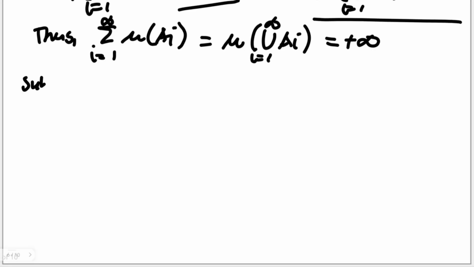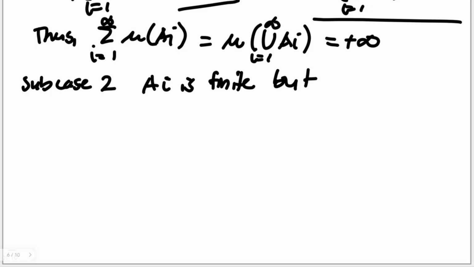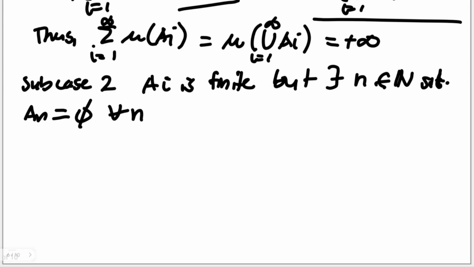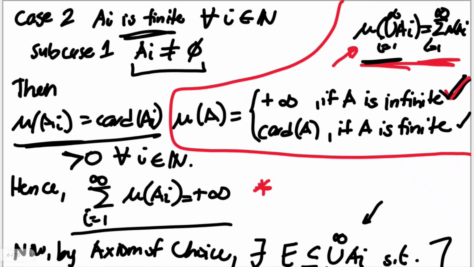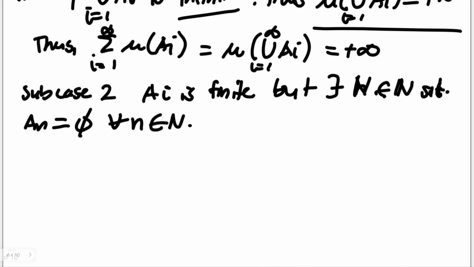How about subcase 2? Still, A sub I is finite, but there exist n elements of the set of natural numbers such that A sub n is the empty set for all n, this is capital N, by the way, element of capital N. So A sub 1 is finite, but we have infinitely many finite sets, and here we're only specific to our finite set.